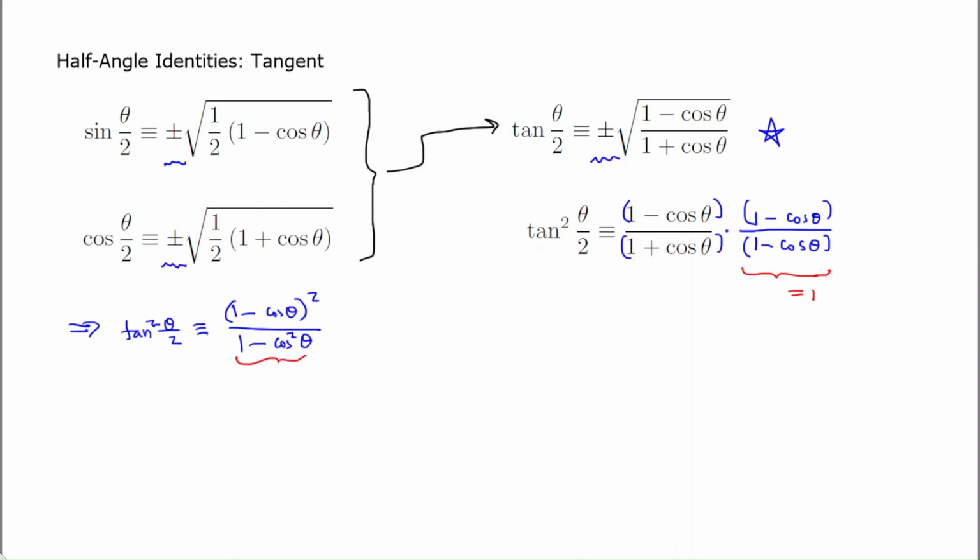Okay, now the interesting thing here is that this denominator is an identity for sine squared theta. So we are at the point now of having tangent squared theta over 2 identical to the binomial 1 minus cosine theta squared over sine squared theta.